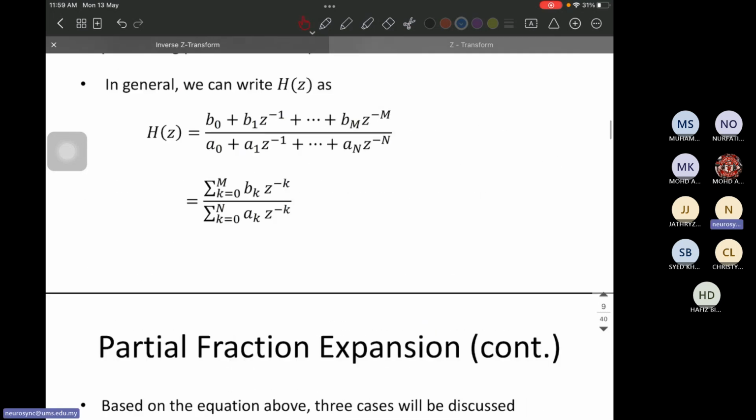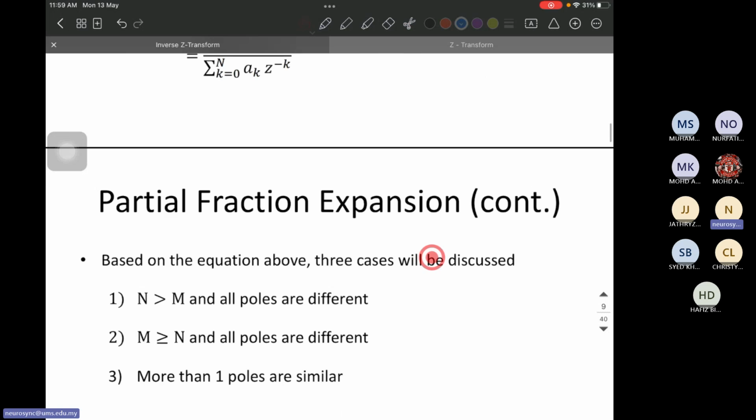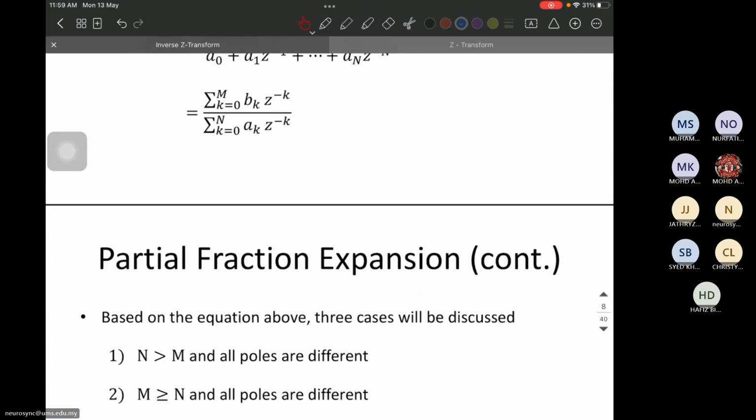Now here there are three cases. The capital N is the number of poles in the system.